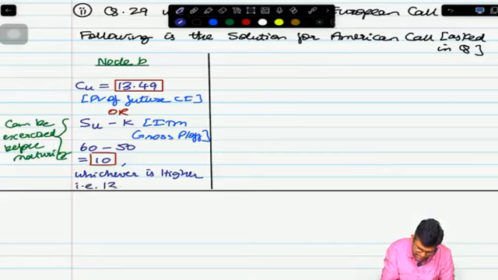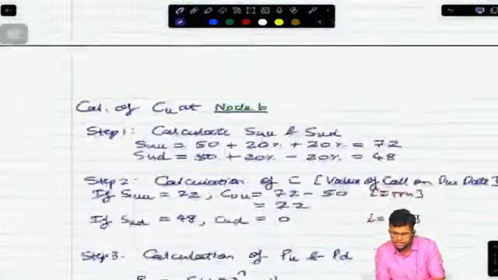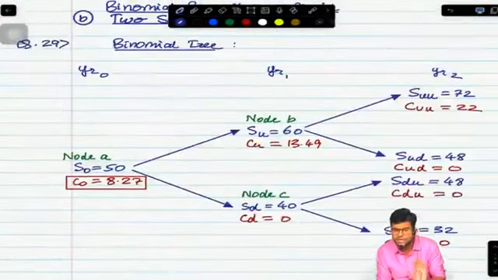That is 13.49. Which means this particular tree continues as it is as far as node B is concerned.